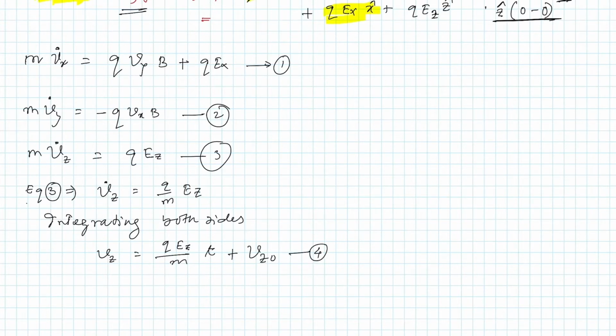This is equation number 4, where Vz naught is the integrating constant.